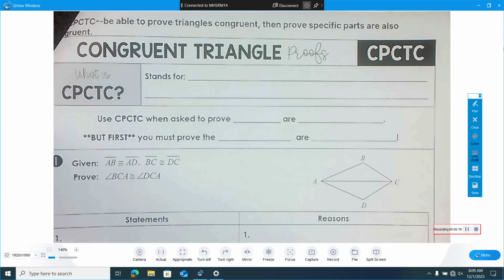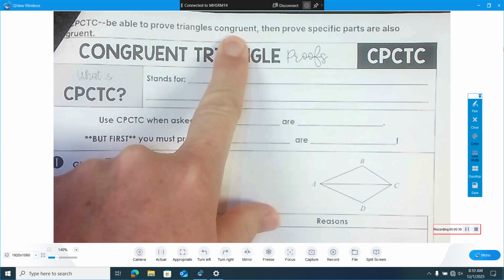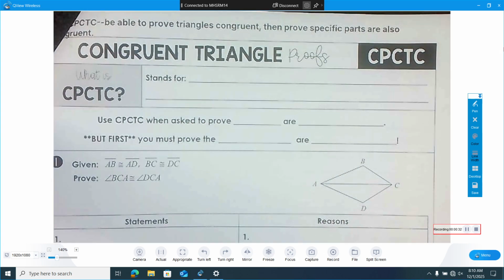So today we are doing more triangle proofs. And what we have today is proving triangles congruent. And once we have congruent triangles, then we can say, oh, and then this other thing must also be congruent, okay?